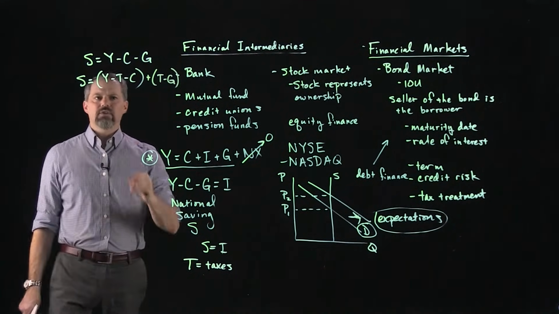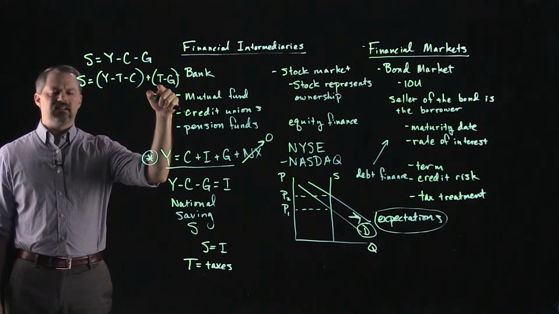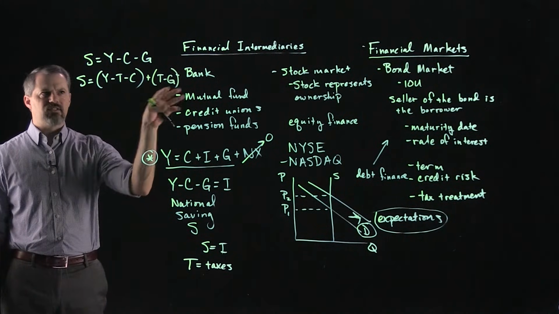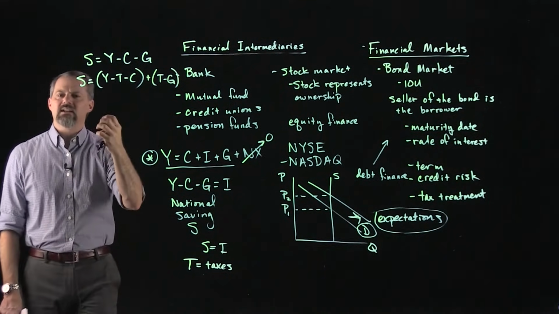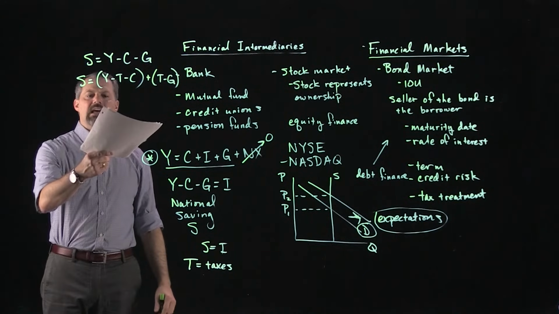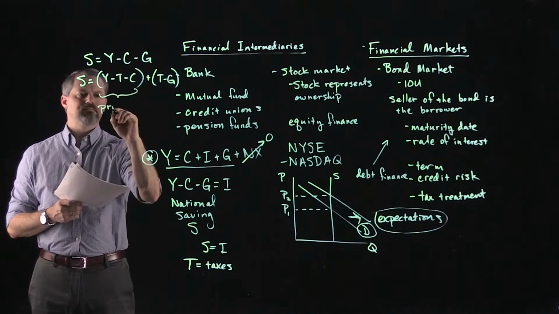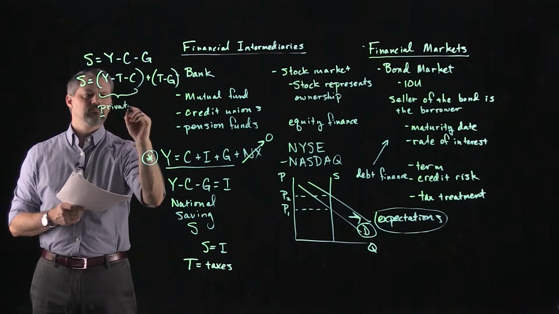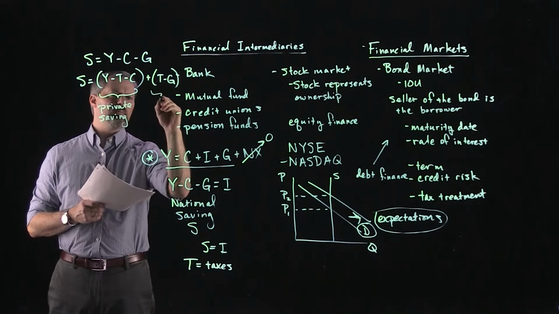So if you look closely at what's going on here, all I've done is I've subtracted T and I've added T. These two T's cancel out. I haven't really changed anything. But this grouping allows us to examine the components of national saving. We've got a name for this term right here. We call this private saving. And this one we call public saving.